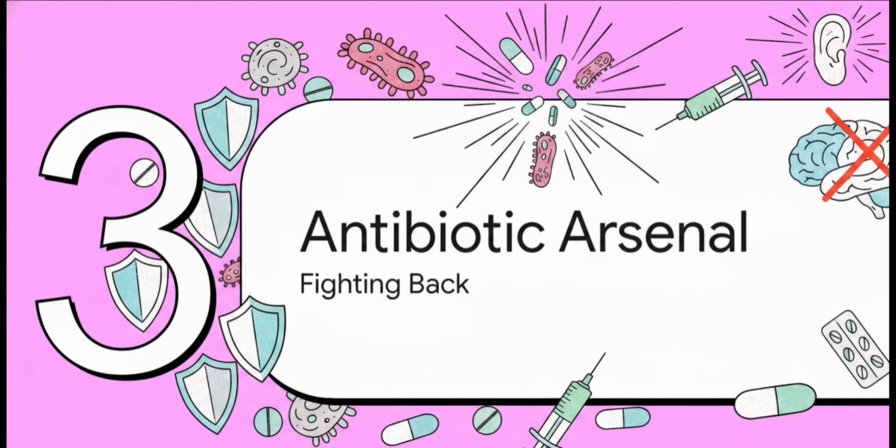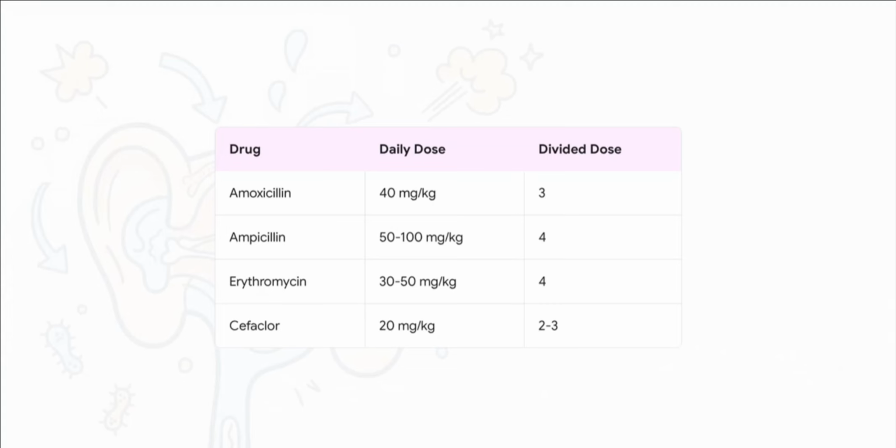Which brings us to Section 3, the antibiotic arsenal, fighting back. To prevent those severe complications, we enter the medical detective phase. Doctors absolutely do not mess around with ASOM. Antibacterial therapy is immediately indicated for cases with fever and severe earaches. The most common bacterial culprits here are Streptococcus pneumoniae and H. influenzae.